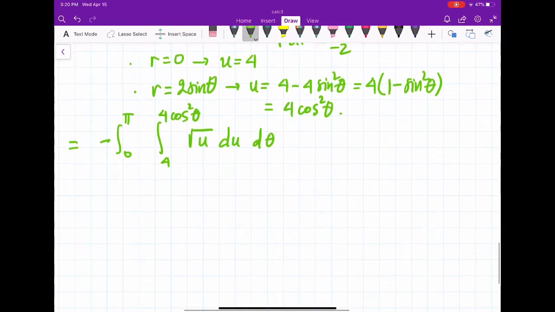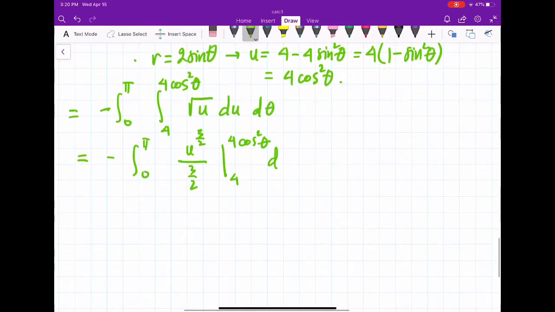So I have negative, integral from 0 to pi, of u to the 3/2 over 3/2 evaluated from 4 to 4 cosine squared theta, and I have d theta right here.